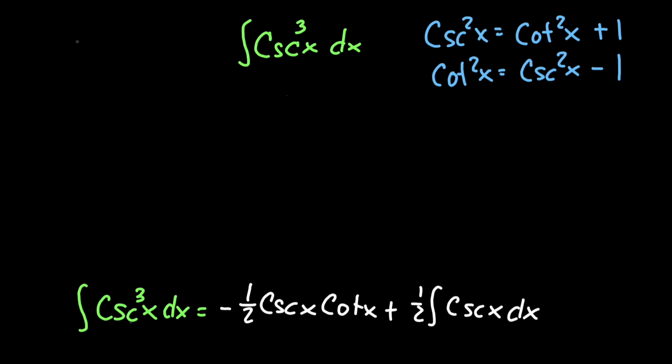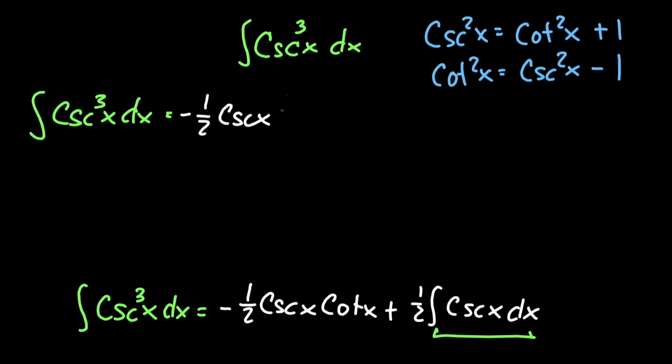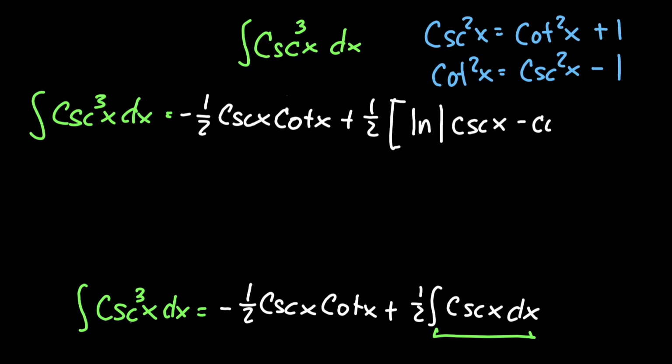And so the last thing that we would want to do here is to get the integral of this one, which we had solved earlier. Based on our answer earlier regarding the integral of cosecant x, it is equal to the natural log of the absolute value of cosecant of x minus cotangent of x plus c.